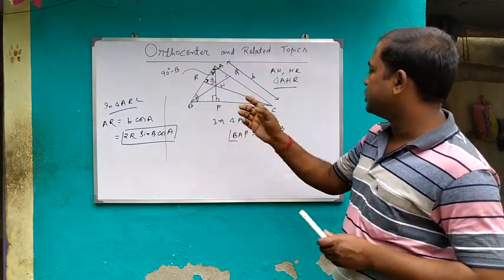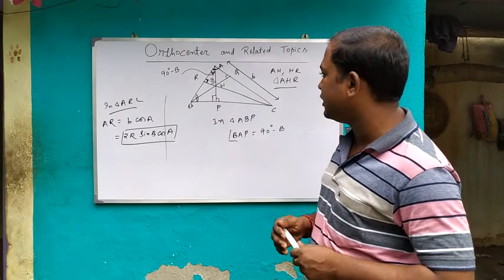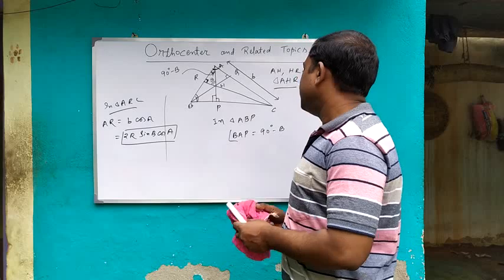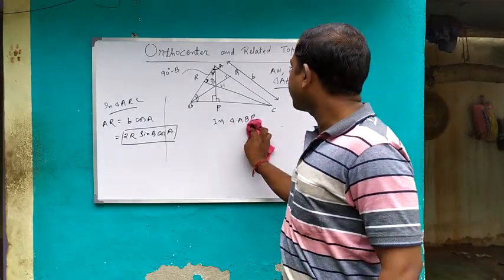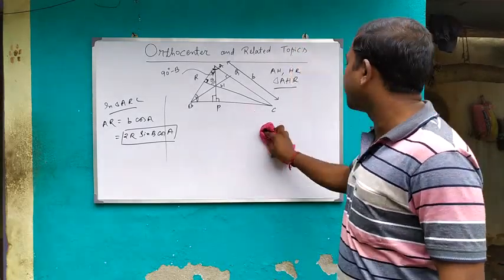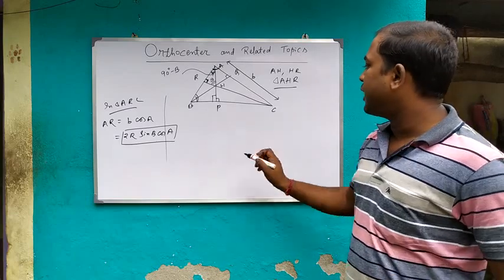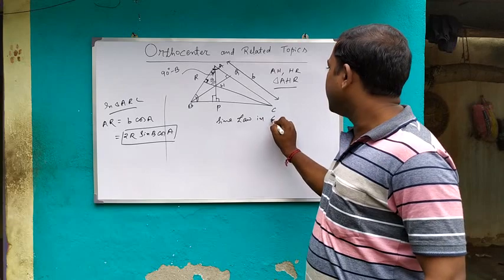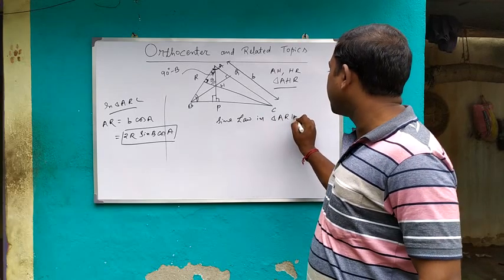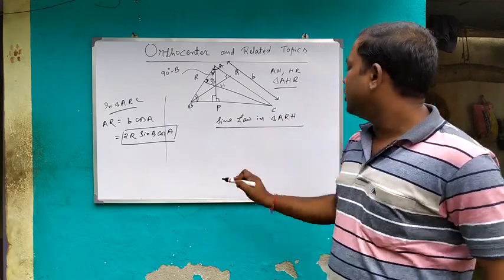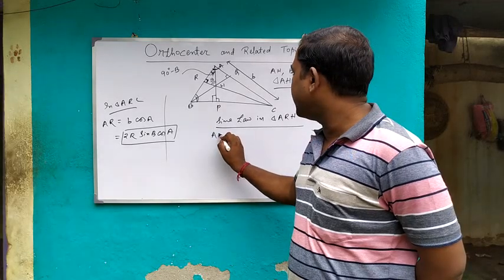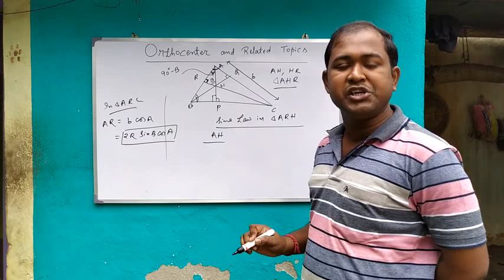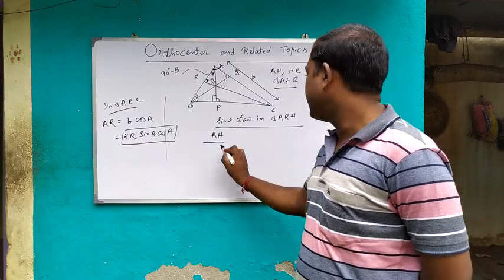We already know these two angles. This is angle B, this is 90 minus B. Now we will apply a sine law and we can easily find out the value of AH and HR. So we are applying sine law in triangle ARH. So what I am writing, see, AH upon the angle opposite to AH, which is 90 degree.